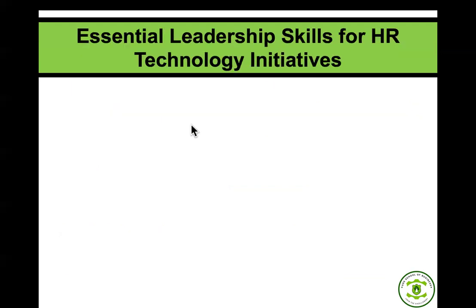So, as leaders, what are the essential leadership skills we need to have for good HR technology initiatives? The essential leadership skills we need to have for HR technology initiatives are what we refer to as the core competencies a leader needs to have in this digital age. So in this particular slide, our focus will be to look at the core competencies.